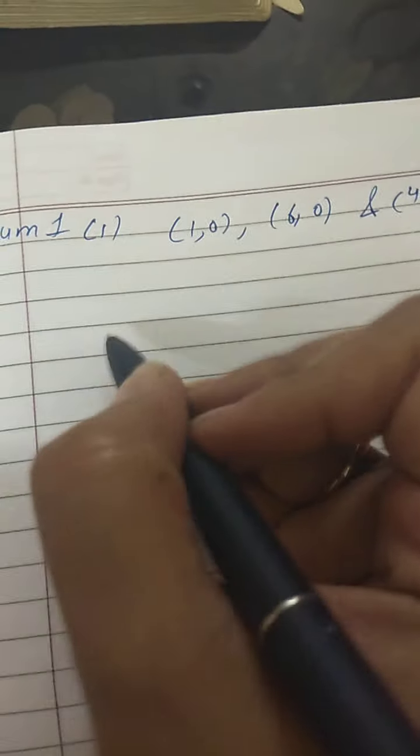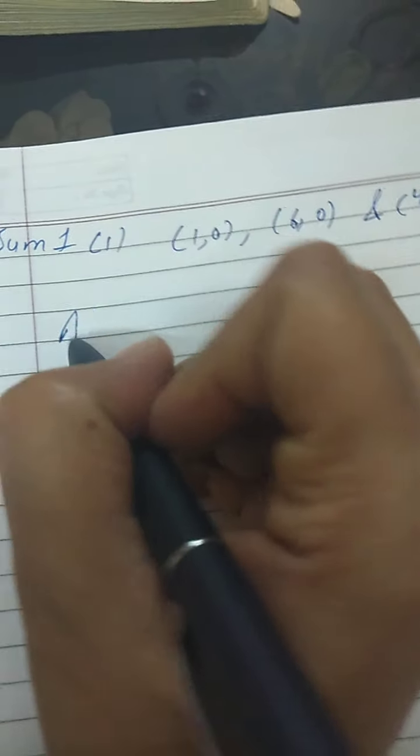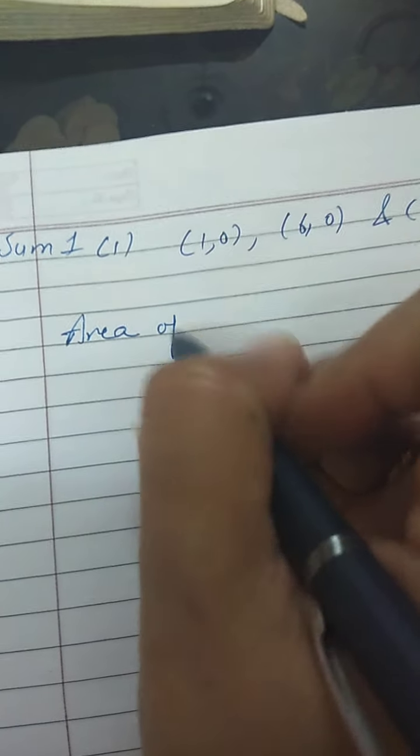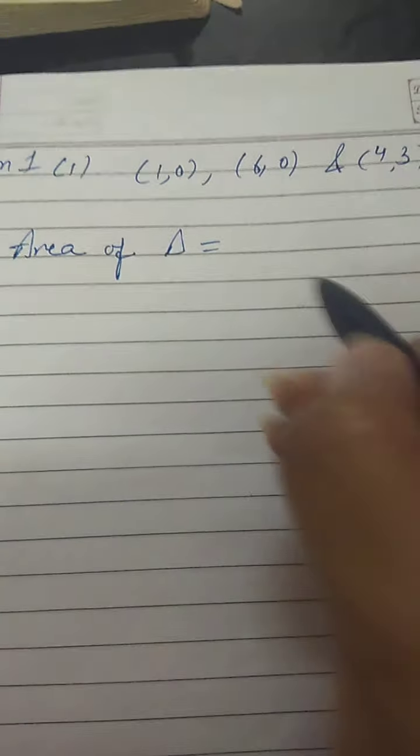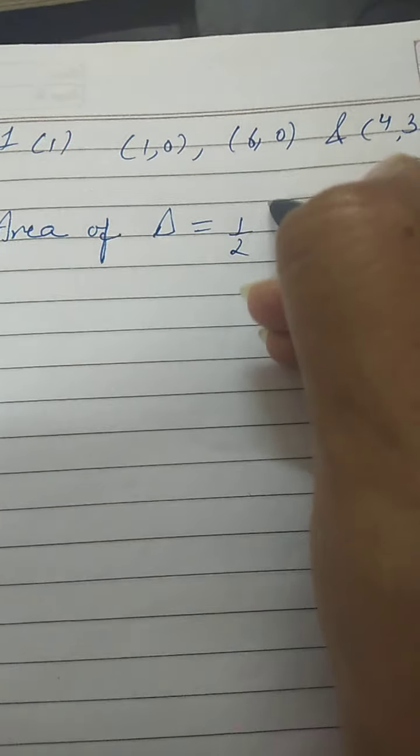The vertices of the triangle are given. What are the vertices given? 1, 0, 6, 0 and 4, 3. These are the 3 vertices given to us and we have to find the area. So what we will do? We will write down area of triangle equals 1 by 2 in front.